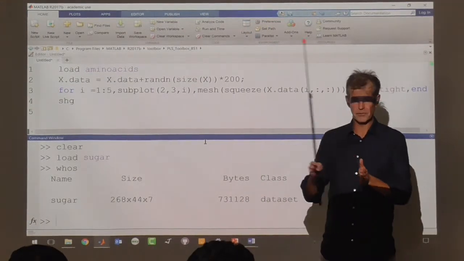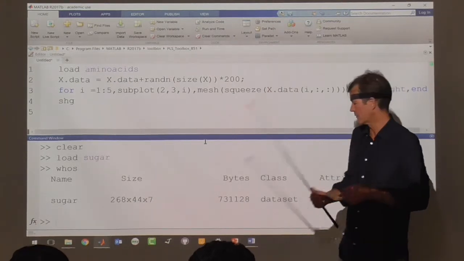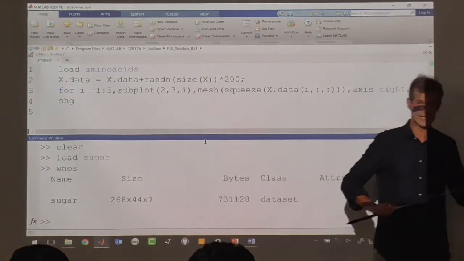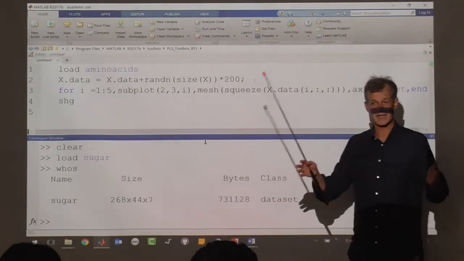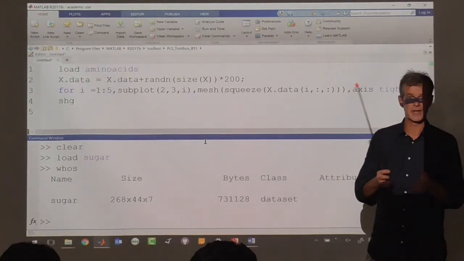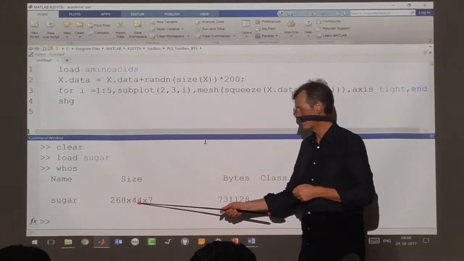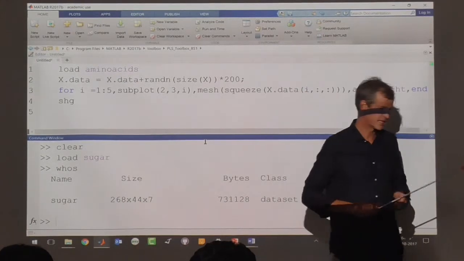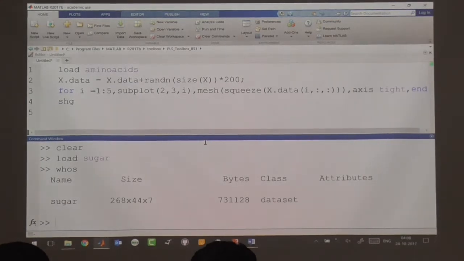So every 8 hours for 3 months, we took a sample of sugar out, dissolved in water, and measured the fluorescence. So we have 268 fluorescence landscapes. And we want to understand the process dynamics and maybe predict some parameters. We only measured at 44 emissions and 7 excitations. This is long ago. This is actually 20 years ago.